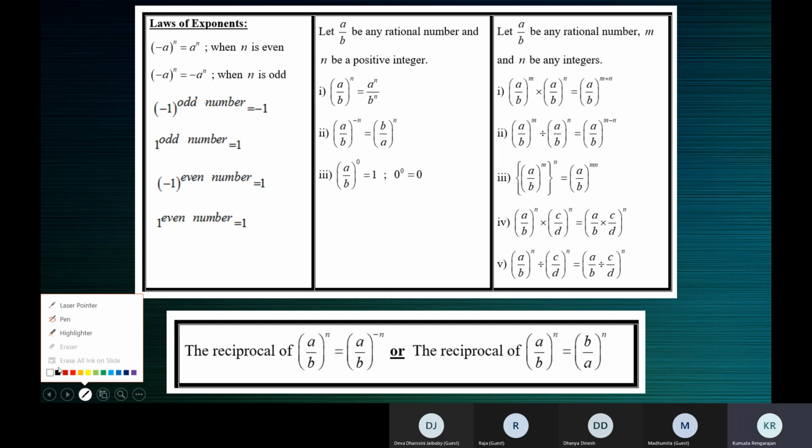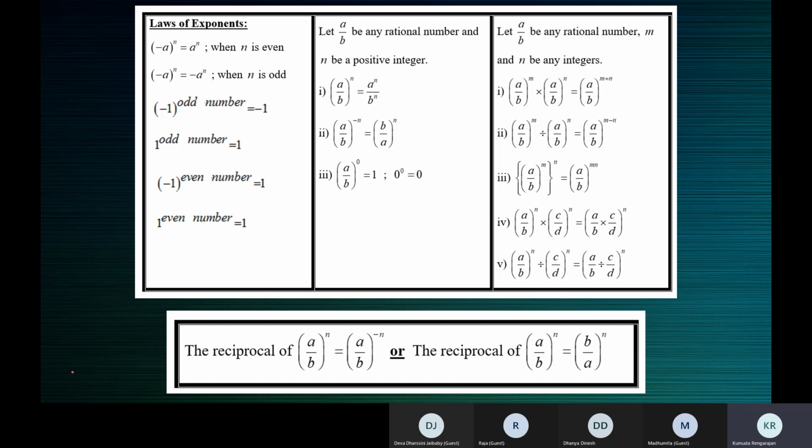The other rules are familiar. You'll understand better when we take up numerical situations. Now I'll just read it out to you. This rule says that a by b to the power n can be written as a to the power n by b to the power n. This rule is when the power is negative and you want to make it positive.